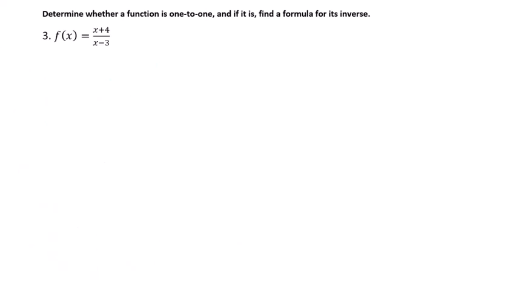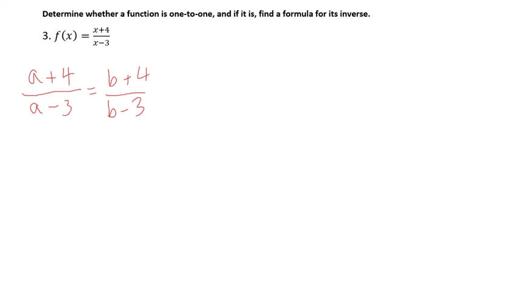So let's go ahead and start with determining if this is one-to-one. So we're going to take a plus 4 over a minus 3 and set that equal to b plus 4 over b minus 3.